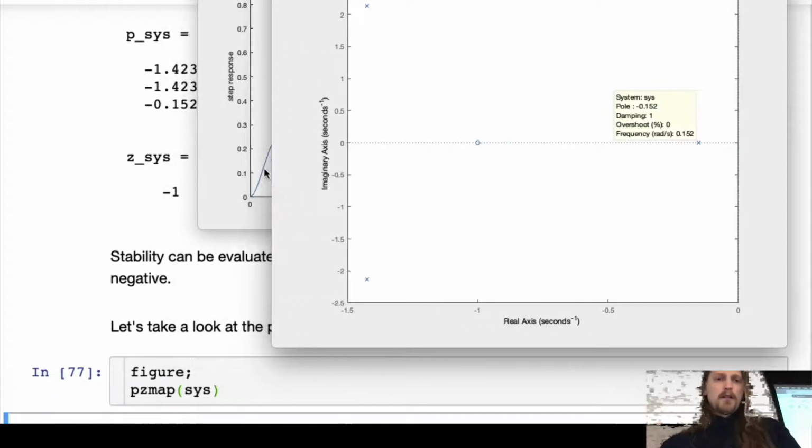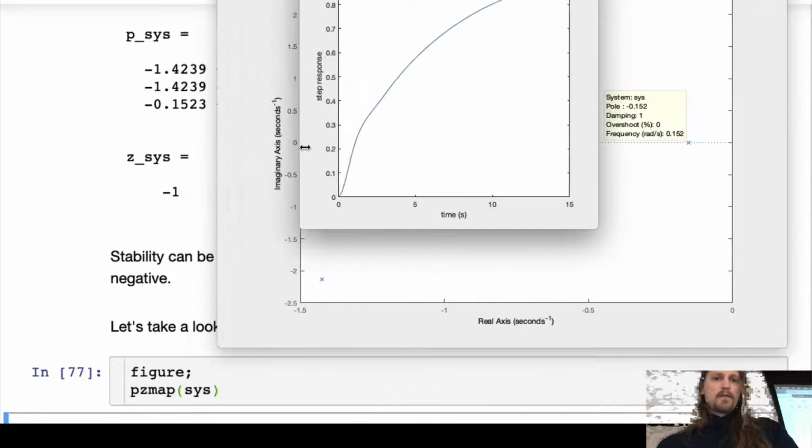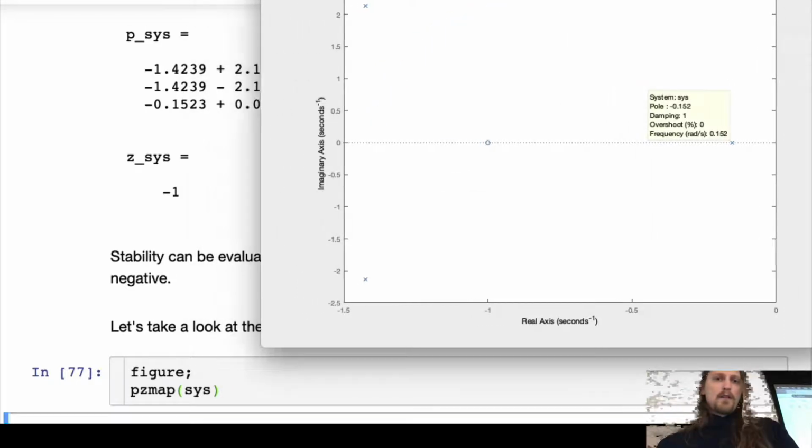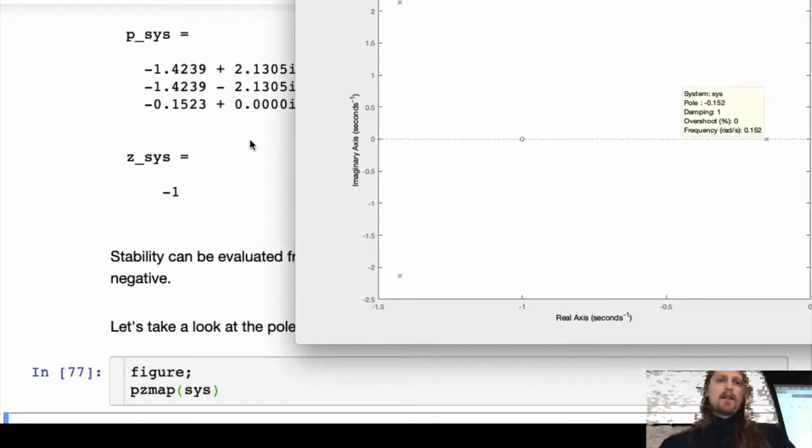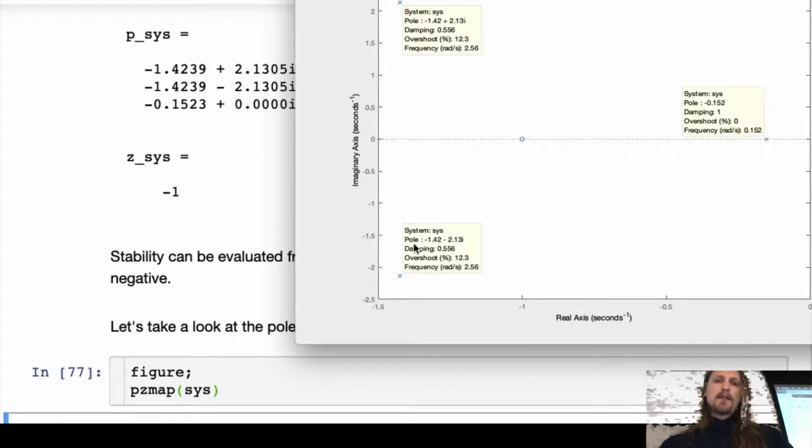So here, you see the -0.15 real pole shows up there. The complex conjugate pair also shows up, so the -1.42 plus and minus 2.13 i. And then wherever there's a zero, it puts an O. So X is for poles, O for zeros, and the zero shows up at -1, which is real.